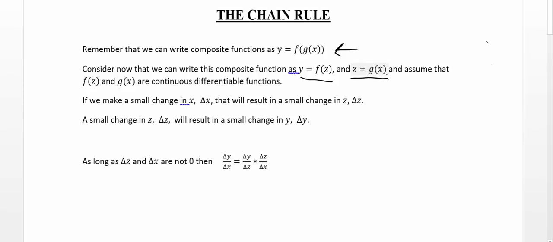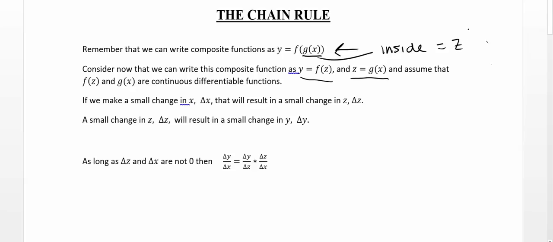So essentially what we're doing here is we're decomposing the functions, only instead of composing them both in terms of x, we are now calling the second function g. That helps us determine the order that we're plugging things in. So here what's happening is that g is our inside function, and our inside function we're calling z.